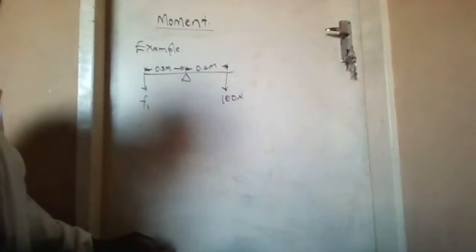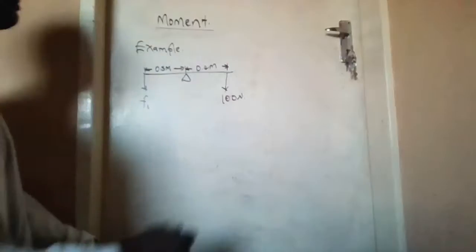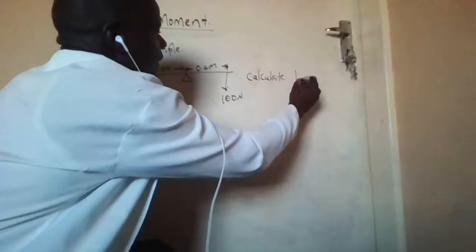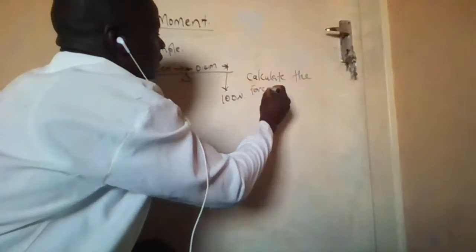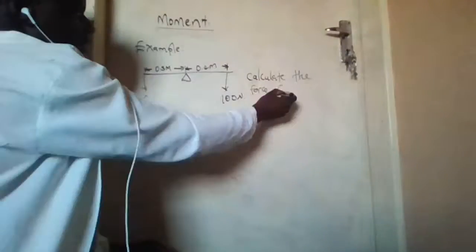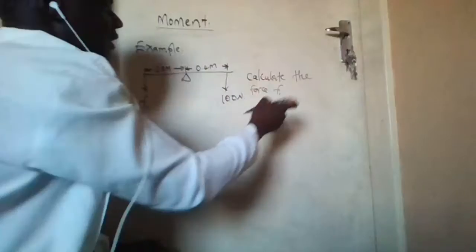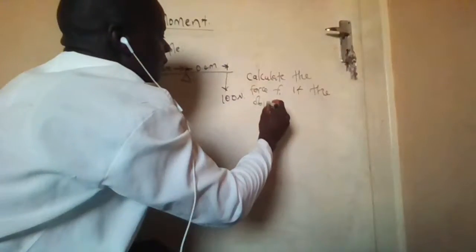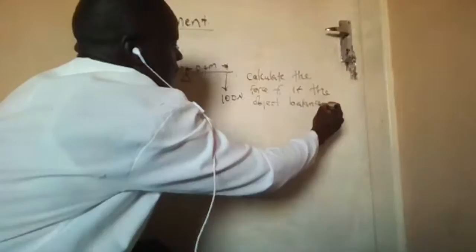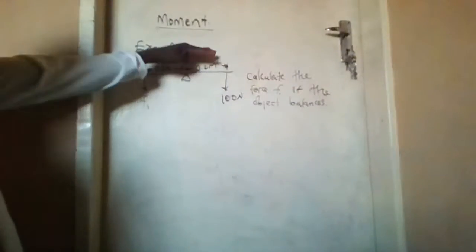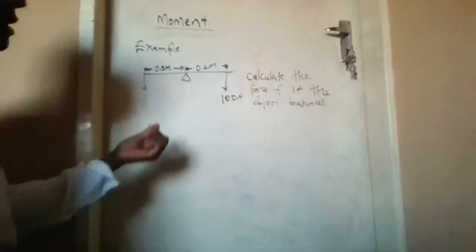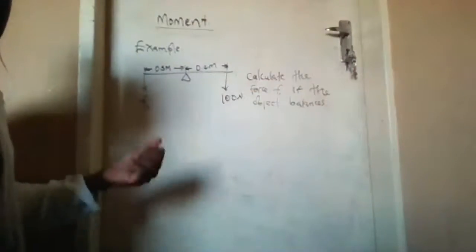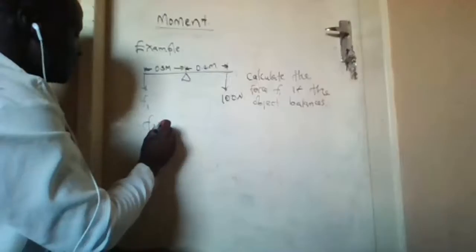The distance from the line of action up to the pivot is 0.5 meters.